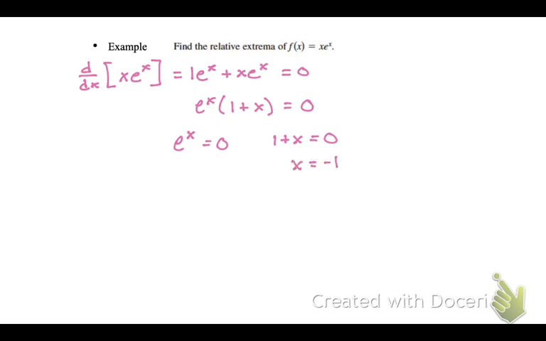I did the easy one. You guys get the hard one. Wasn't e to the x equal to 0? Question for you. Can any power give you a 0? No. So it's e to the x, it's not in the range, right? So it's just x equals -1.